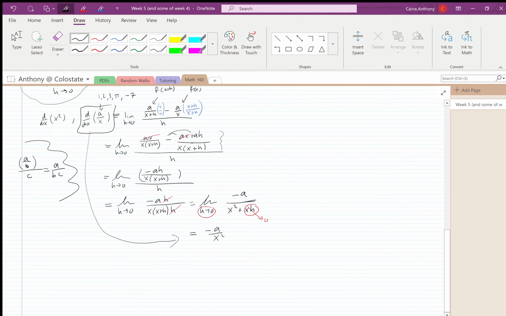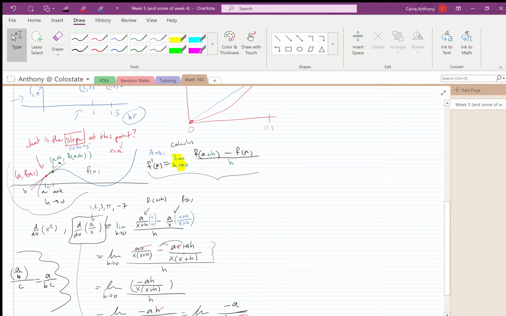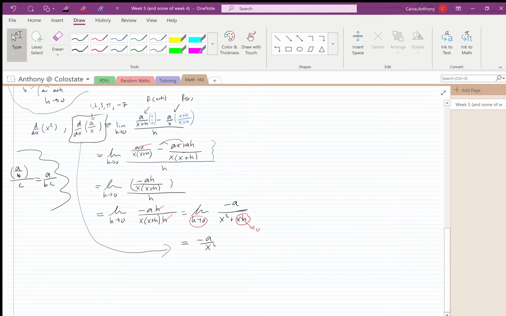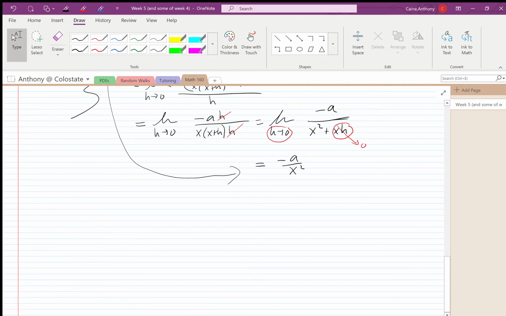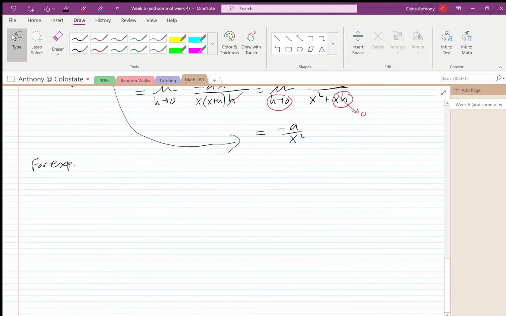Maybe I shouldn't have used a because I've been using a up here for a point, but this is math. I don't worry about variable names. So how can we use this? So for example, if I have a curve that looks like, maybe it's 3 over x, so that looks like this.